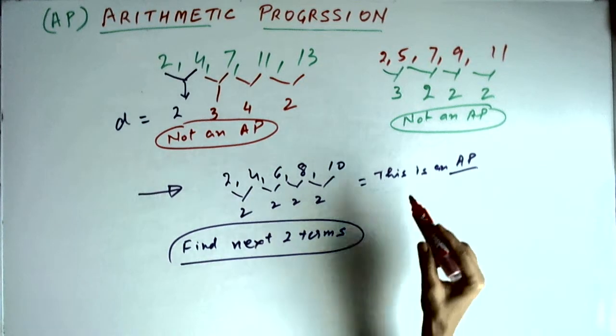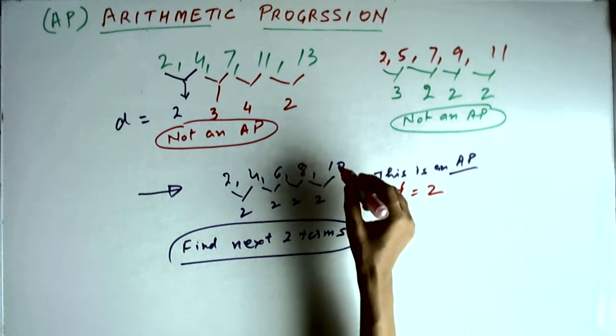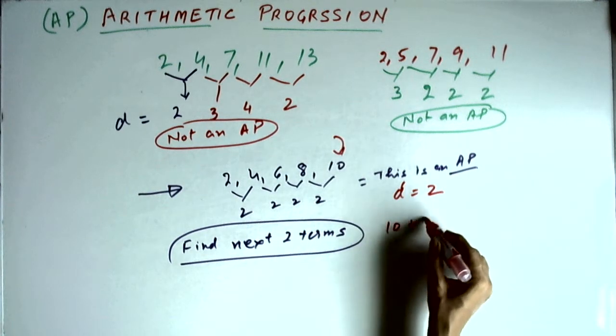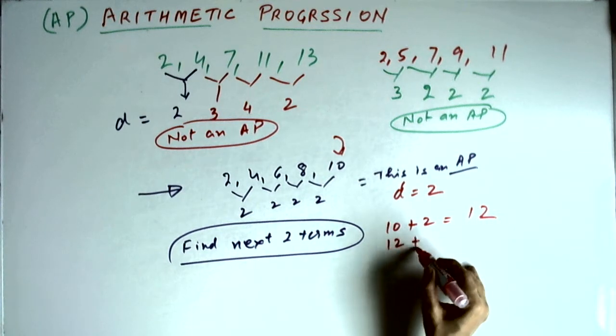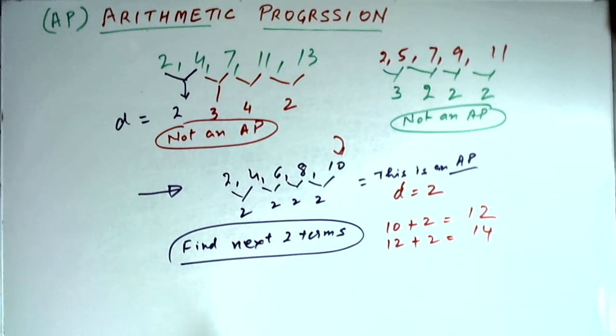So D is 2. We start from 10 and say 10 plus 2, so the next term will be 12, and the term thereafter will be 14. It's a very simple way of finding the next 2 terms or next 3 terms, as the case may be.